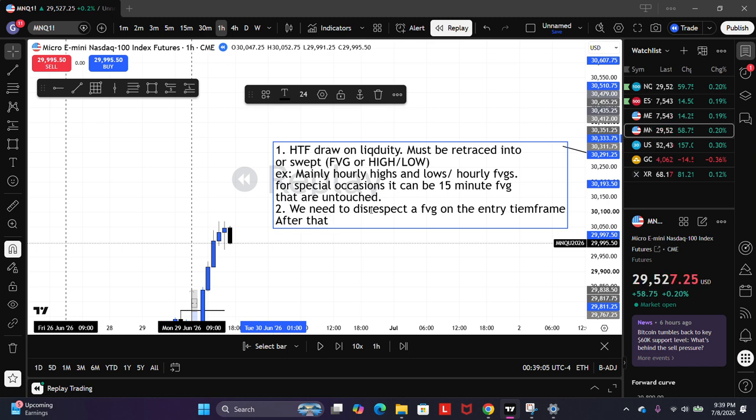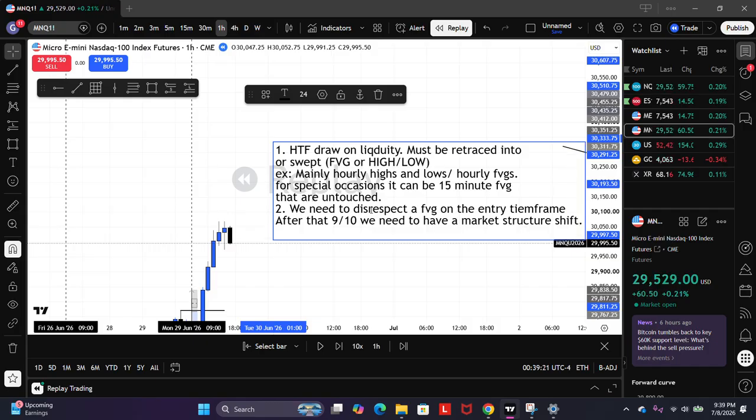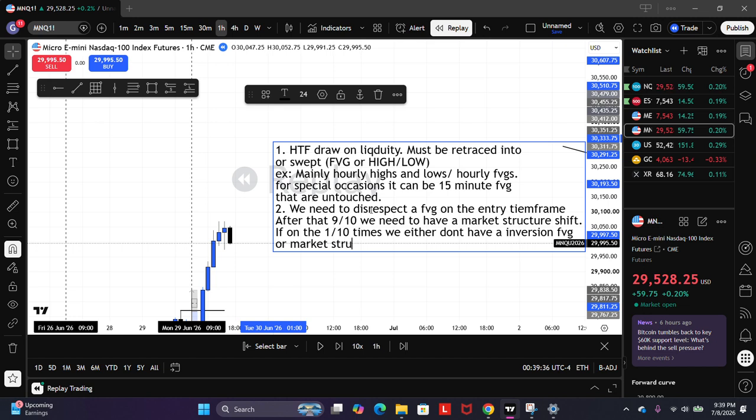After that, 9 out of 10 times, we need to have a market structure shift. If on the 1 out of 10 times we either don't have an inversion fair value gap or market structure shift, we must reduce risk by half.